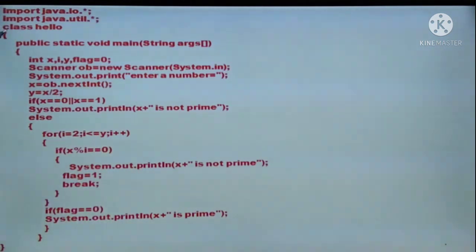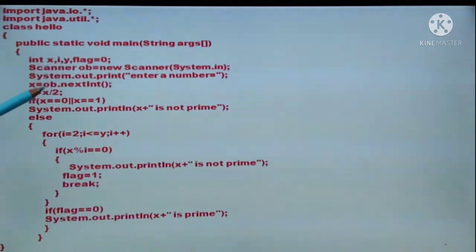So class Hello, then your opening curly brace, and then public static void main(String args[]), where the S in String should be in caps. Then the opening curly brace of your void main, and I have taken int variables x, i, y, and flag, and I have initialized flag with 0.